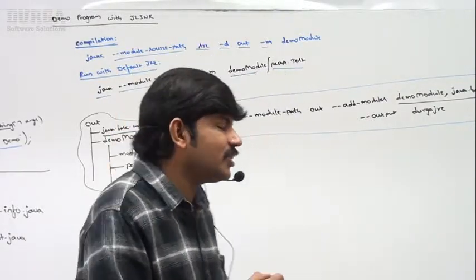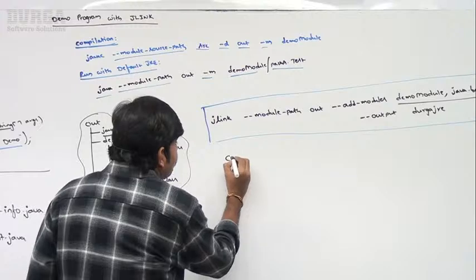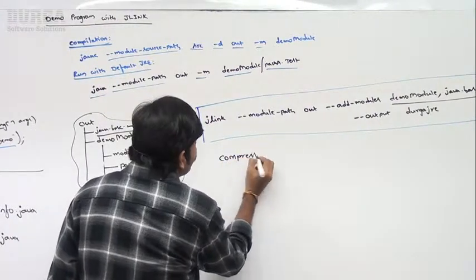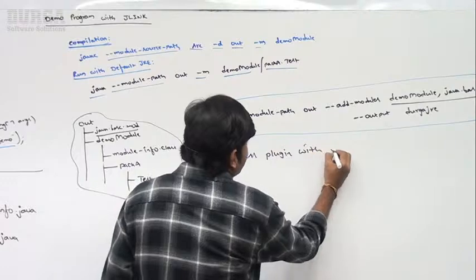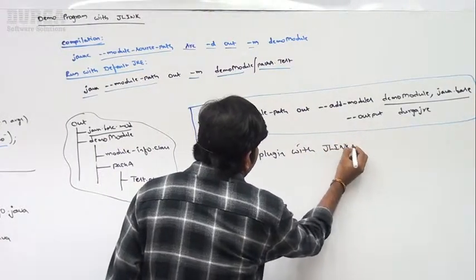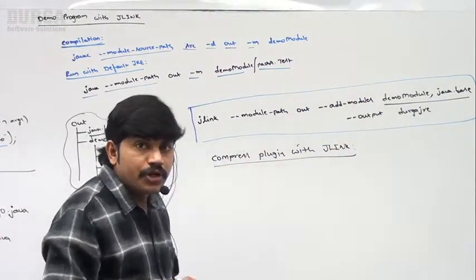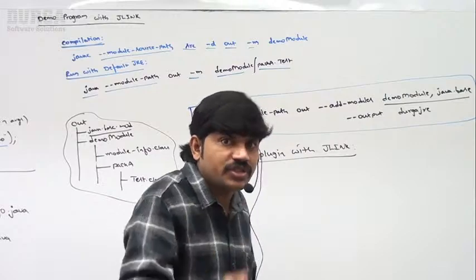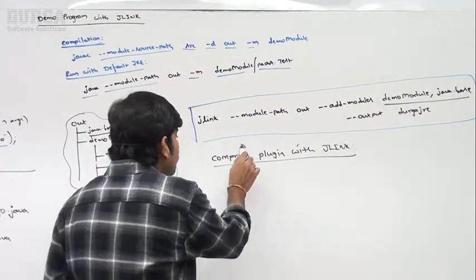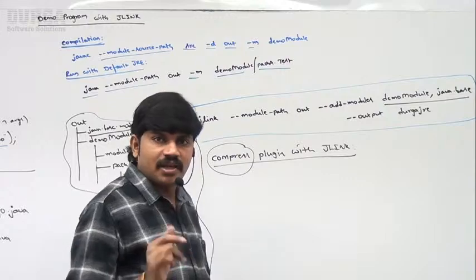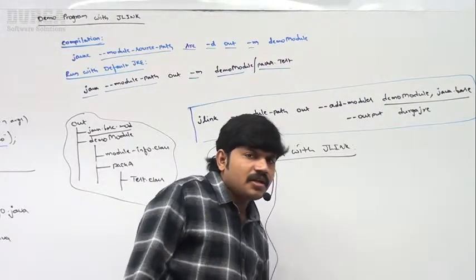How to use the compress plugin with JLink, that part I will discuss. If I want to reduce the size of my own JRE further, which option do we require? The compress plugin.